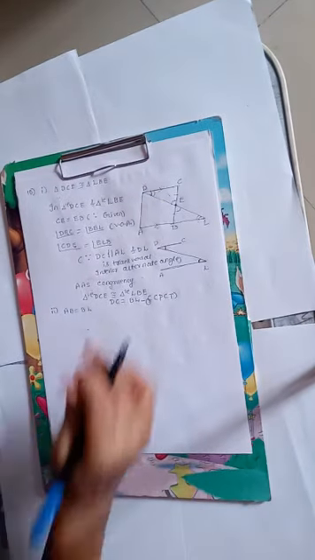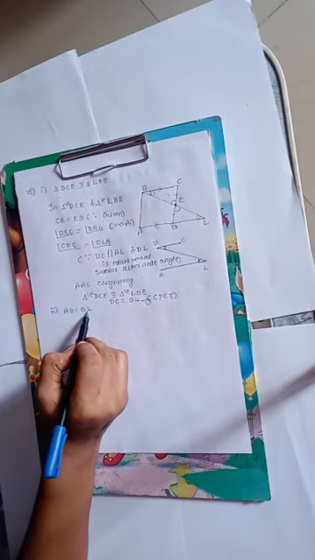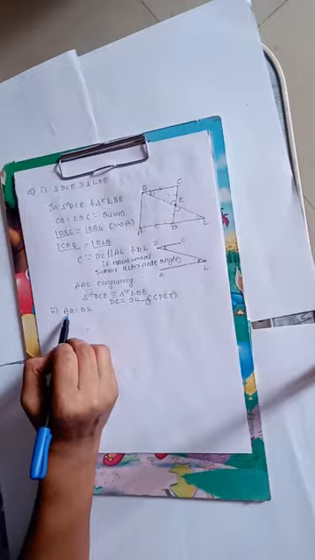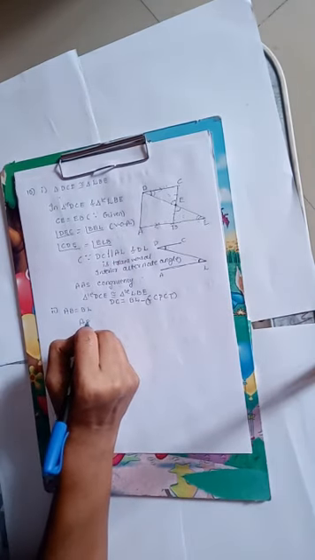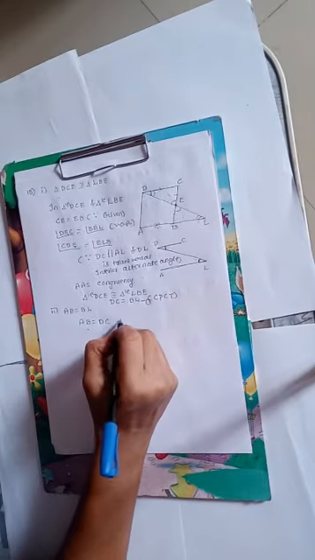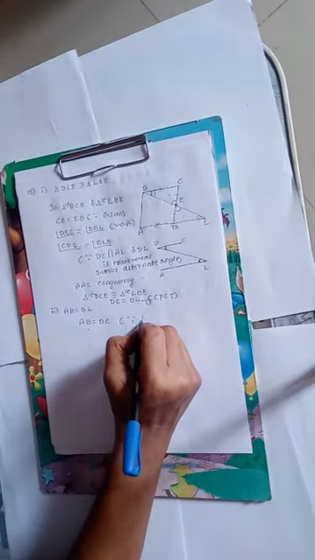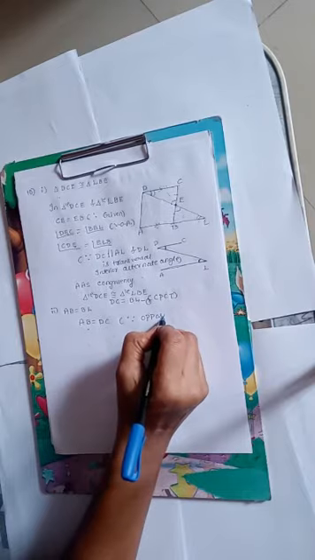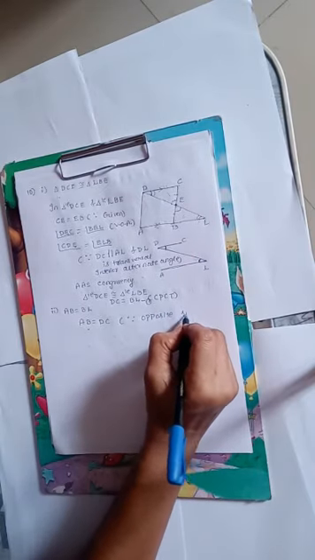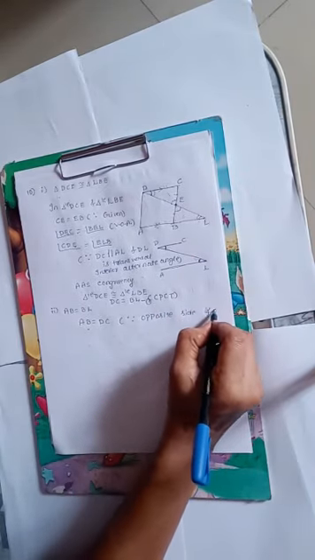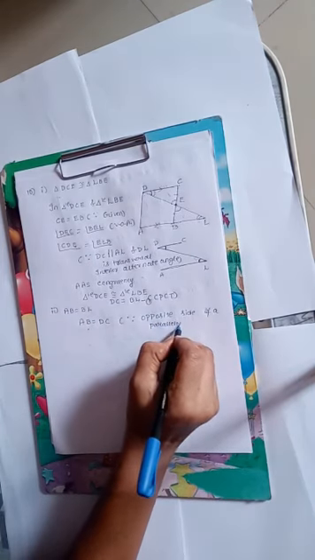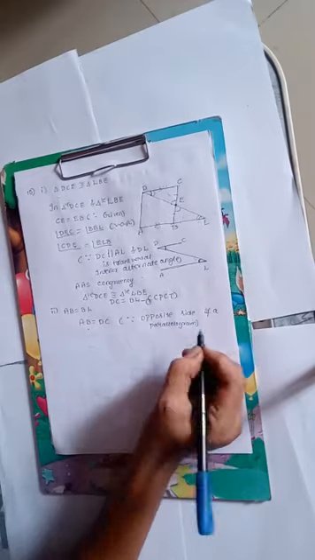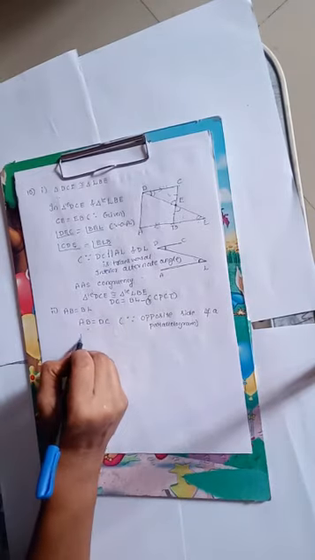Now let's consider how to prove AB is equal to BL. First let's write down AB is equal to DC. Why? Because AB and DC are opposite sides of a parallelogram. Call this 2. Next, from 1 you can write that DC is equal to BL.